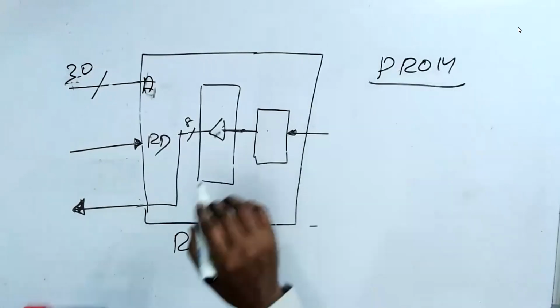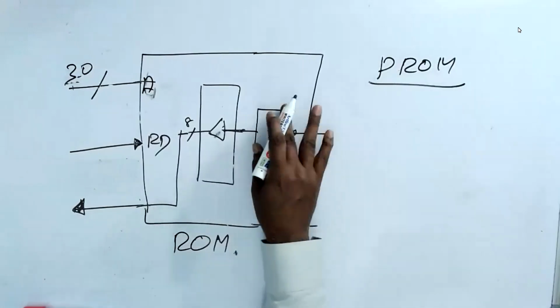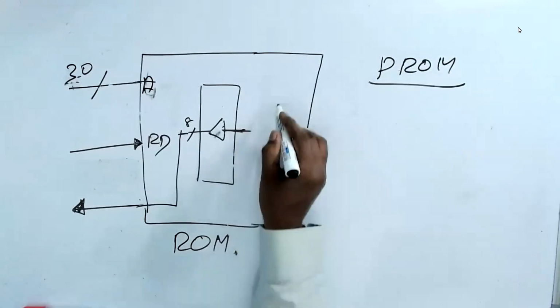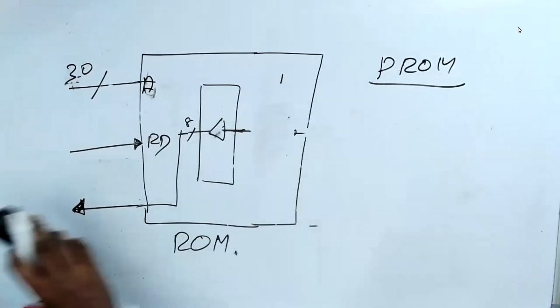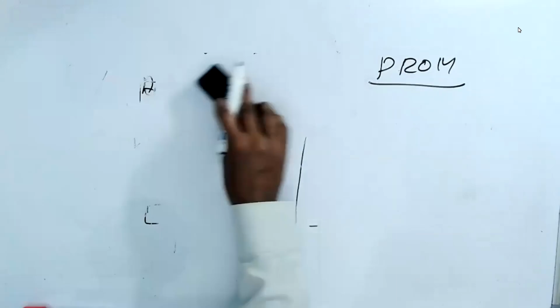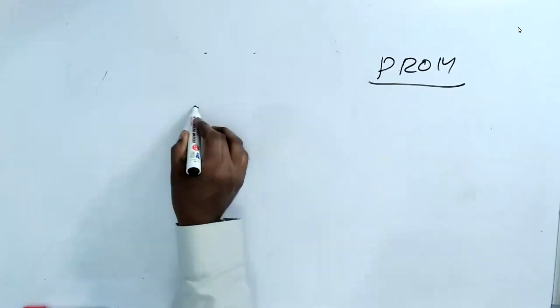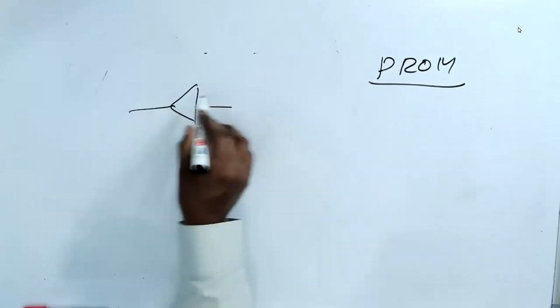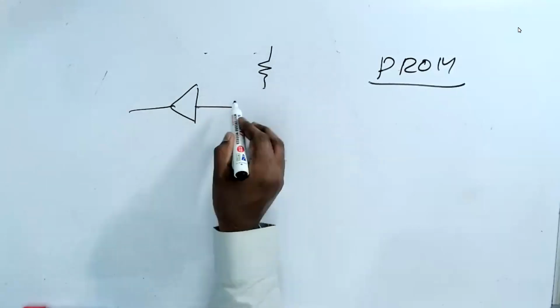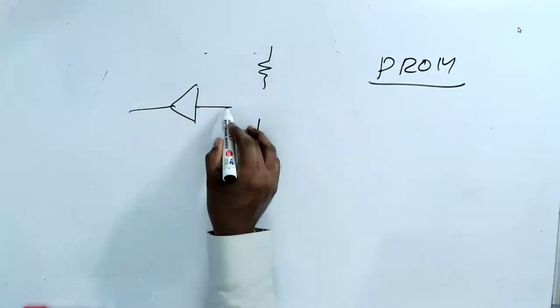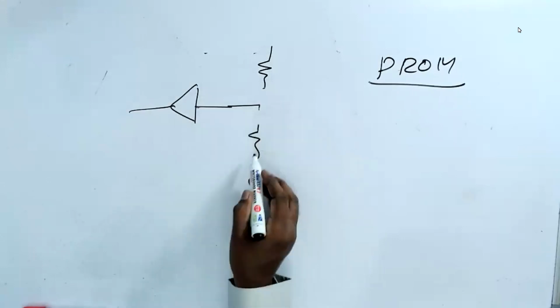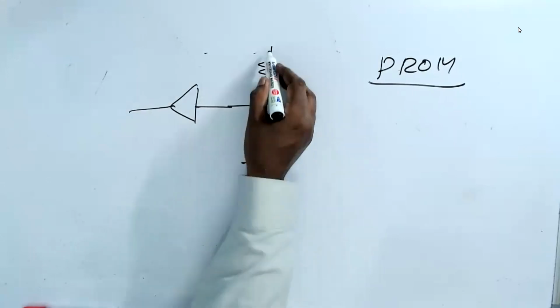What they have done was with resistors. I'll tell you one thing here. You have a tri-state. There's a resistor. They have 2 resistors. One is at ground, one is at 5 volt.